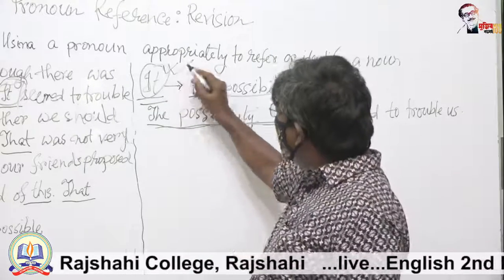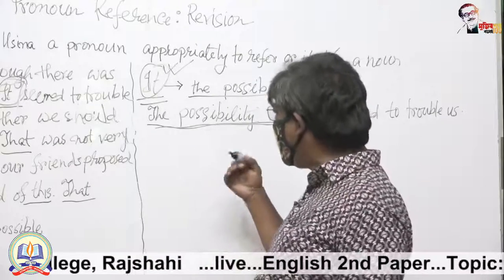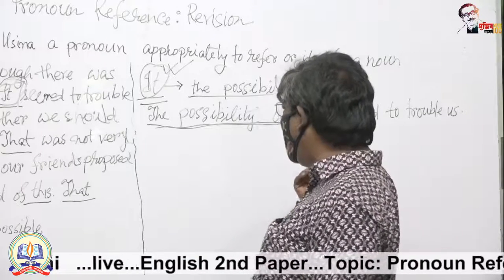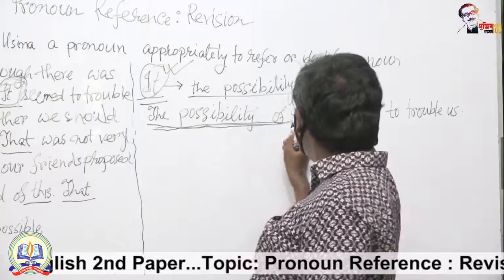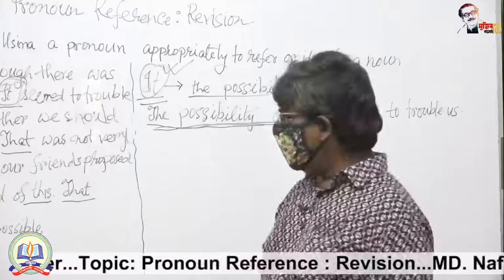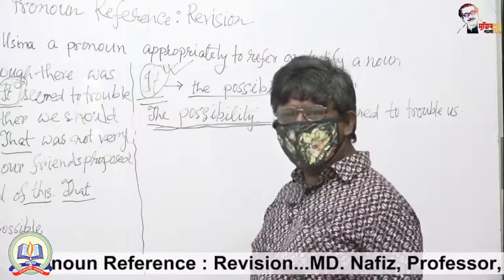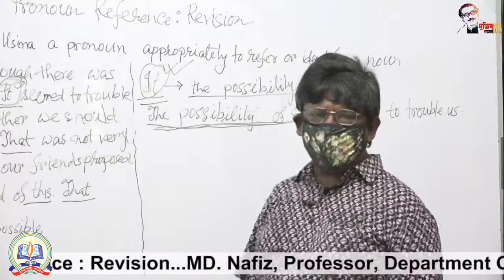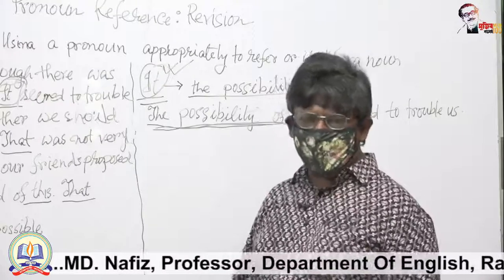You have to determine what should be the reference made by it, and then use the appropriate noun or noun phrase in lieu of the pronoun. Otherwise, the sentence will not make the appropriate sense, and that is why we need to use a pronoun with a clear reference of a noun.